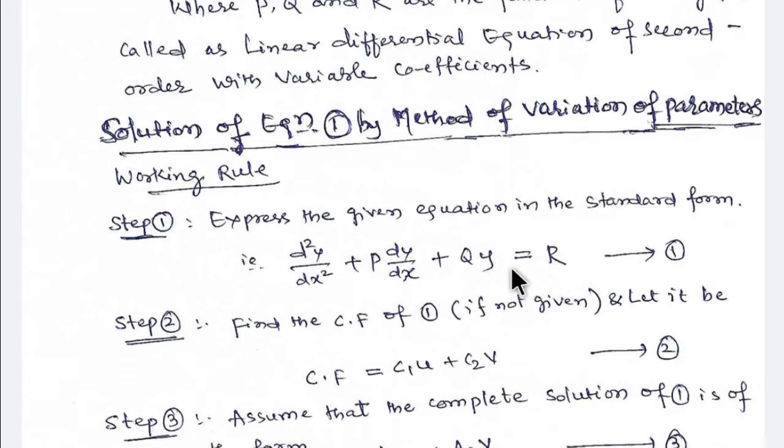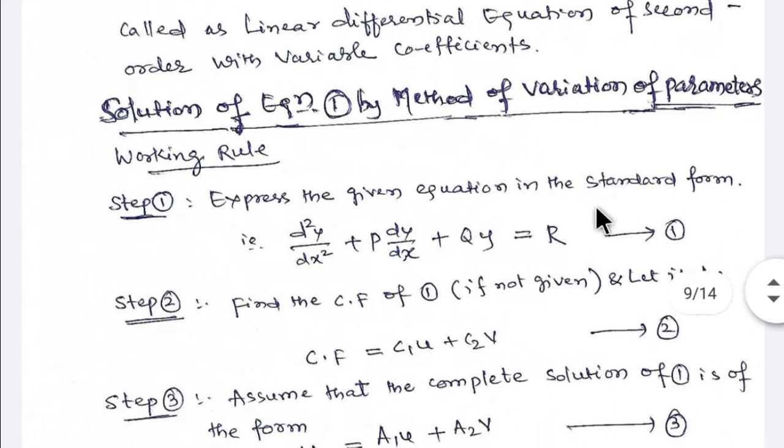If it is not in this form, you have to write it in this form. This is called equation 1.